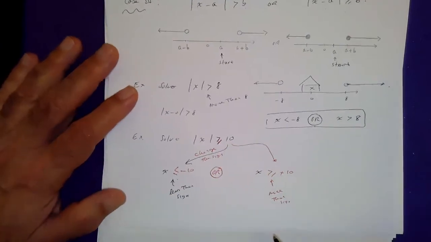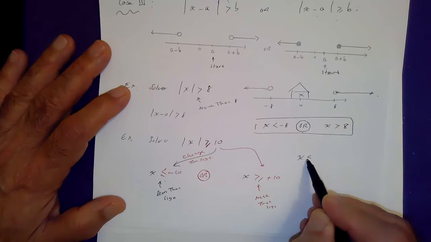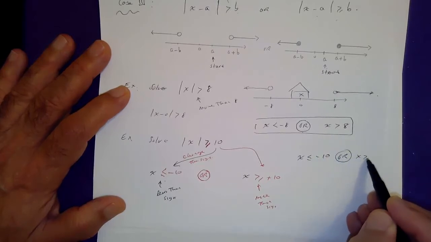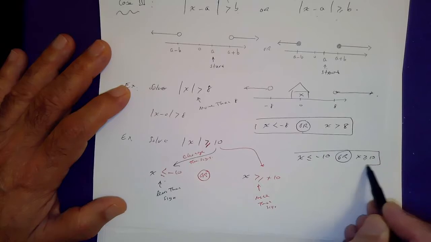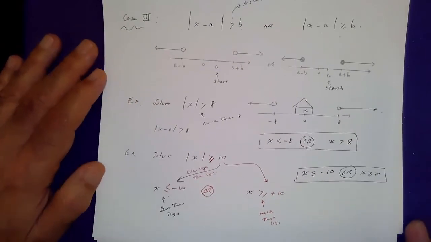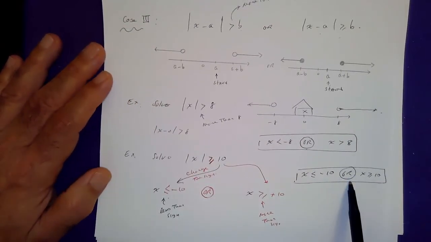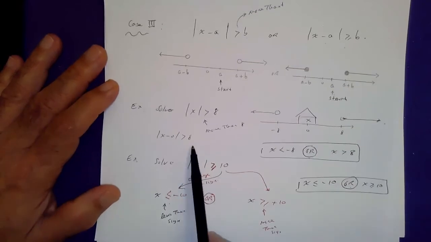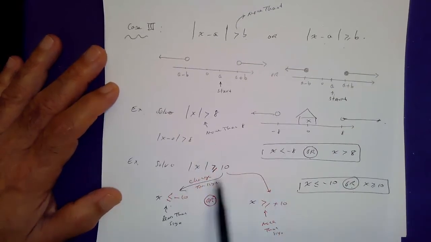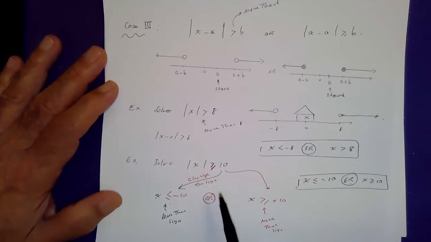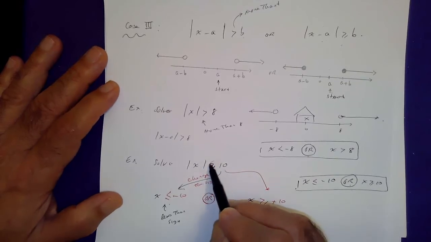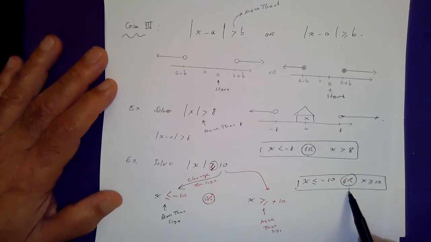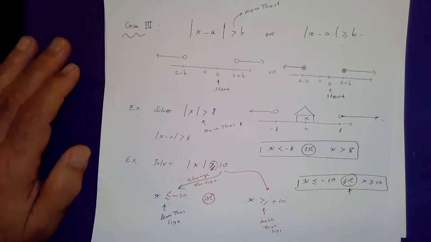So what are you saying? I'm saying the solution is x is less than or equal to -10. Don't forget the word or. x is greater than or equal to 10. So the question is, how would I remember to use or for my answers when it comes to solving these kinds of problems in section 2.6? Remember, more or greater should remind you of the word or.